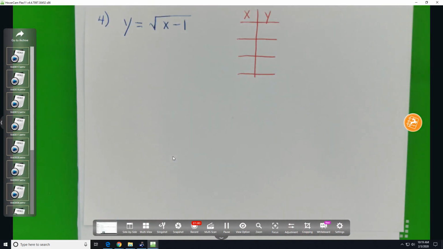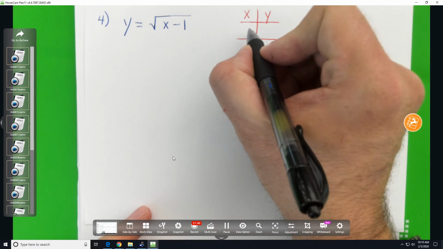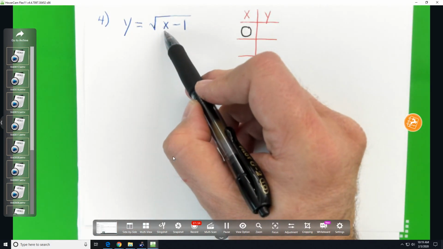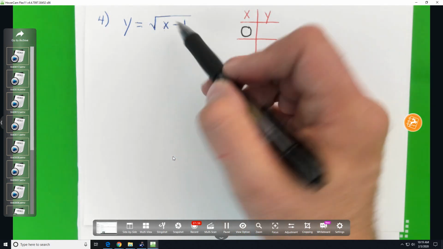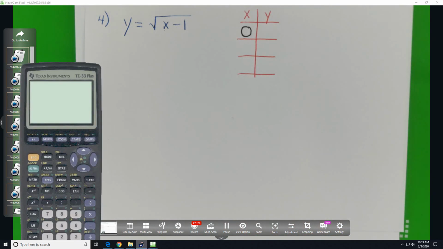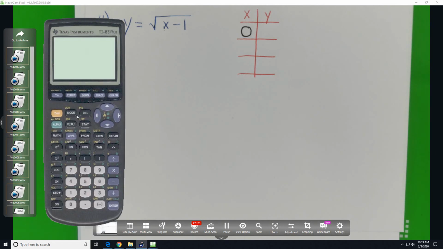So it's up to you to decide what numbers to plug in. Let me ask you a question. Could I plug a 0 in? If I plug a 0 in for x, I have the square root of 0 minus 1.